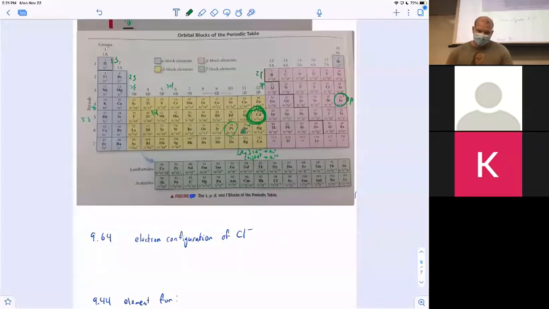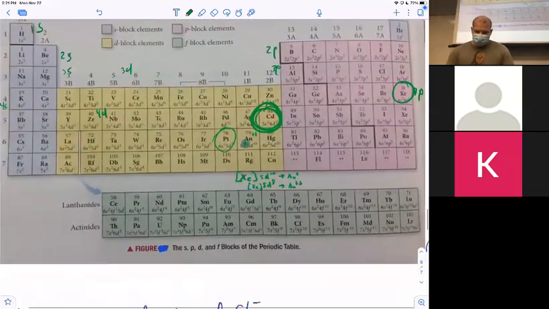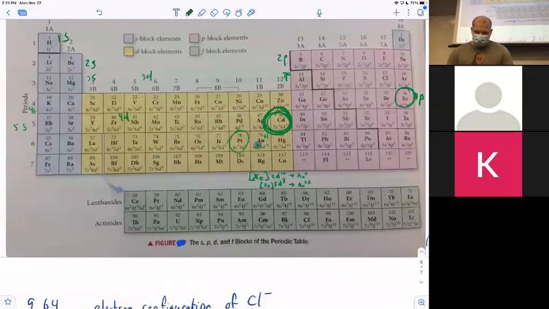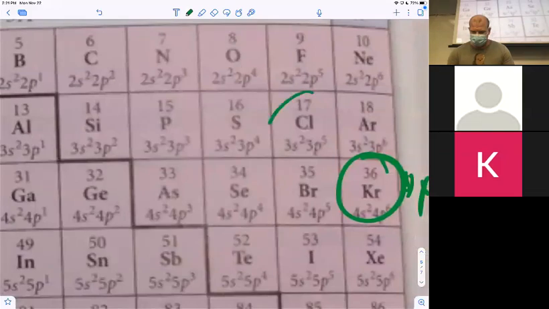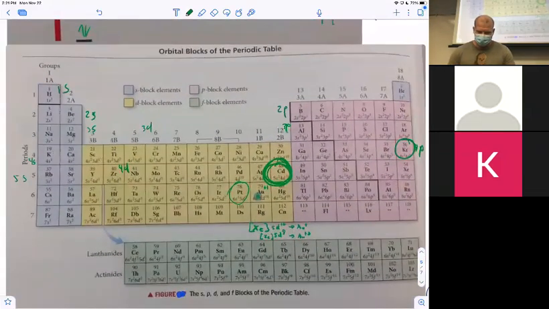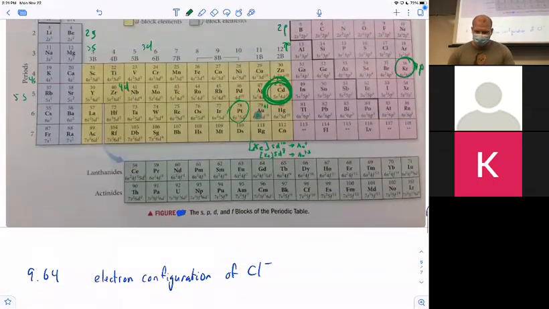All right. So the next one is the electron configuration of chloride. So here's chlorine right here. The electron configuration of chlorine is going to be neon's configuration, 3s2, 3p5.